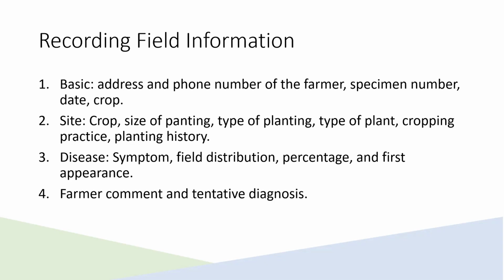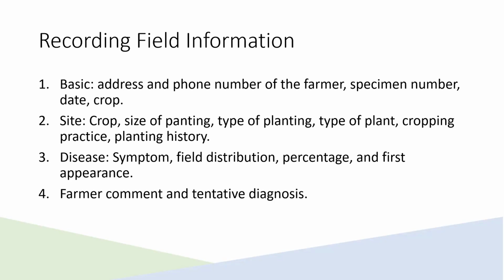Before that, when taking a sample, make sure that we record all field information. Basic information like the address, the phone number of the farmer, specimen number or code, and the date when you collect the sample.